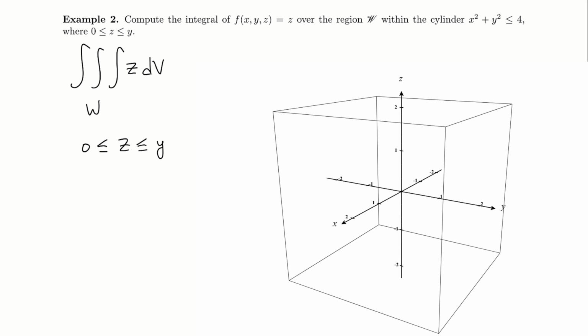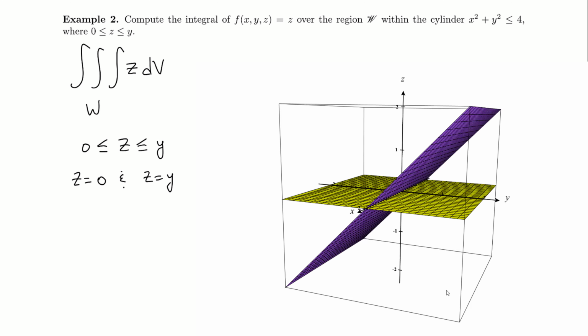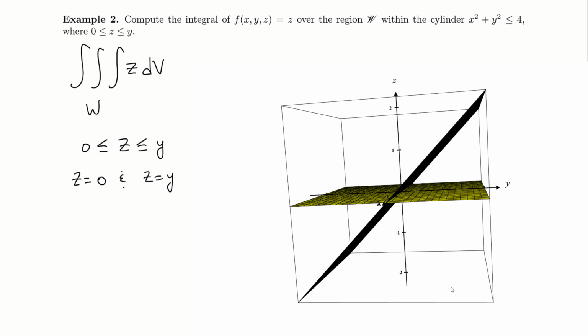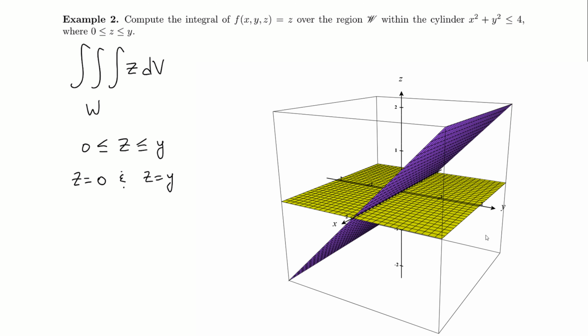So let's sketch the graph of z equals 0 and the graph of z equals y, each of which are planes. So z equals 0, we have the xy plane itself, and for z equals y, we have this slanted plane. Okay, so that's what we have.